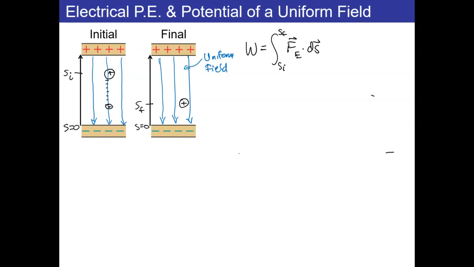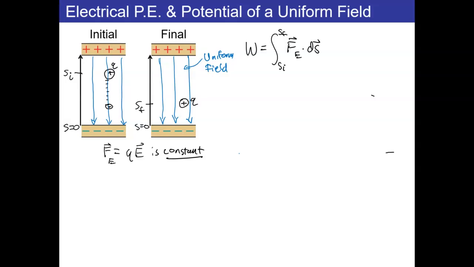In this case, because my field here is uniform, that means my force, which is some charge q times E, will also be uniform. Because force is equal to the charge times the field, from chapter 2, that means the force is also going to be constant, right? One of the advantages of being in a uniform field.